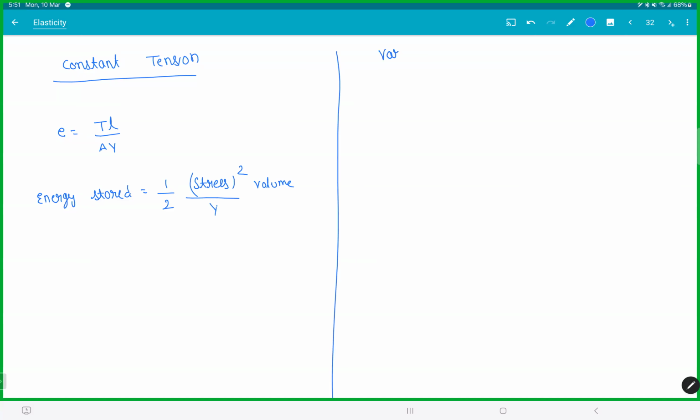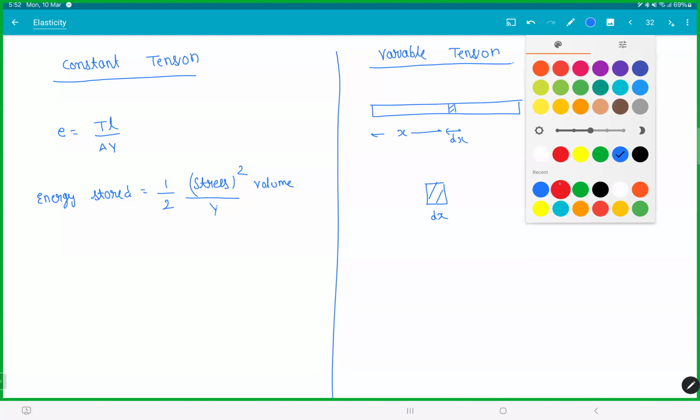If you have a variable tension, this is what we do. Take a rod. At a distance x, take a very small slice dx. Because the tension is varying, I can't use the formula directly. So I take this small dx rod.